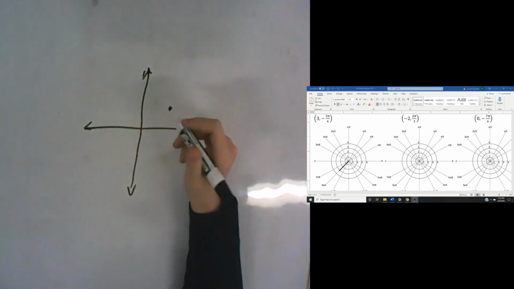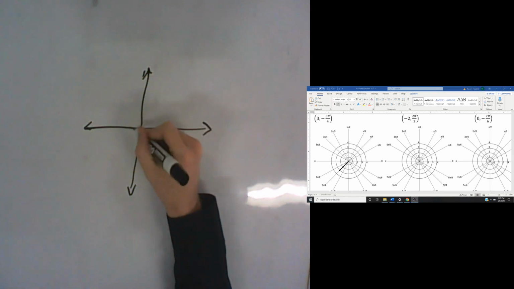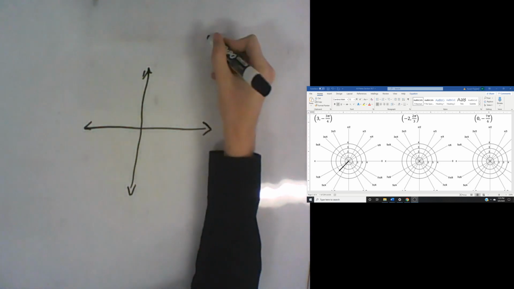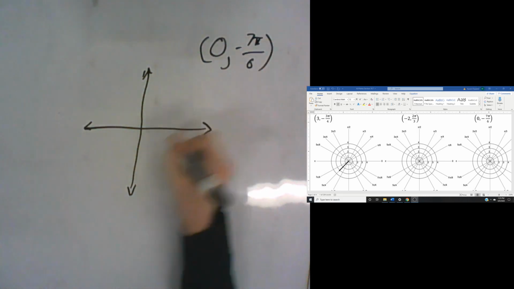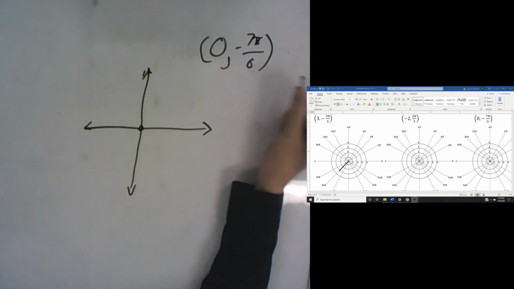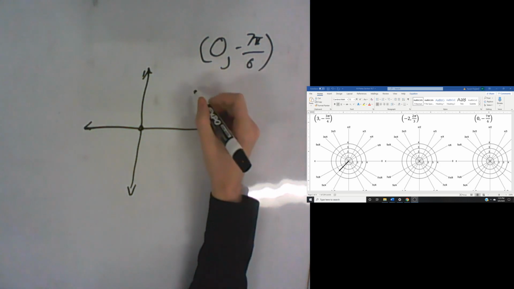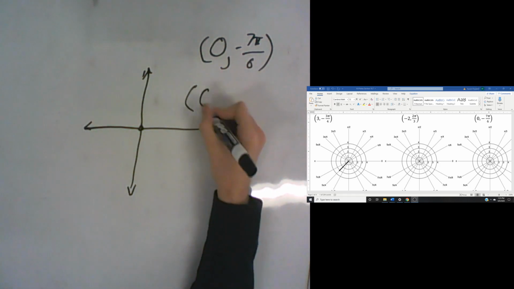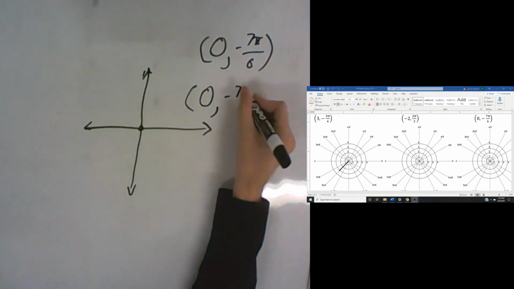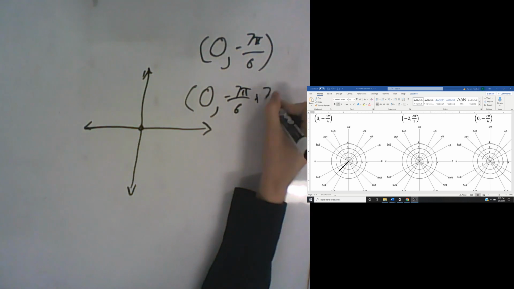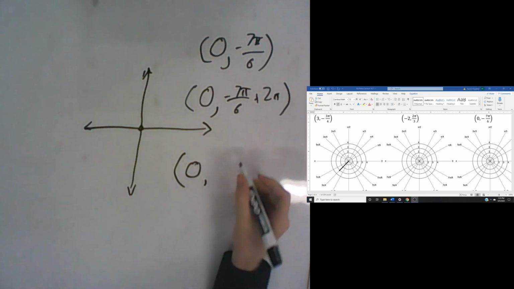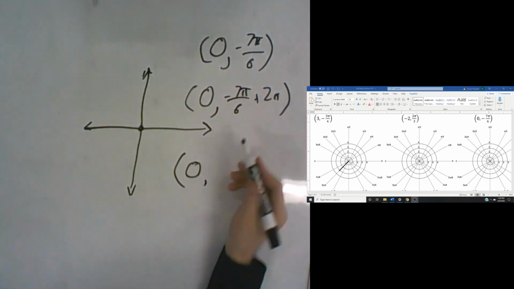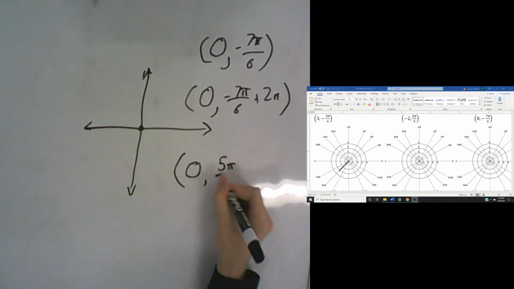Okay, we have our angle somewhere, but because our radius is 0, we're plotting the point here. So the only thing that's changing is going to be this angle. So if we add 2 pi to it, 0, negative 7 pi over 6, plus 2 pi, we get 0, comma, and this would just be 5 pi over 6.